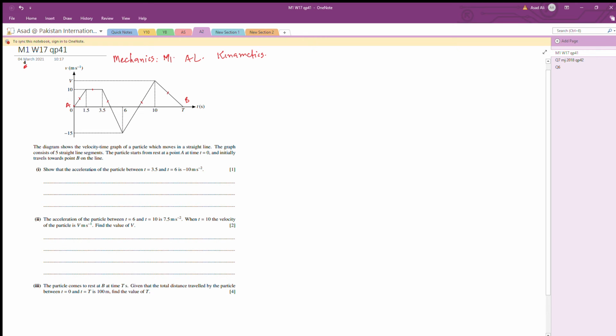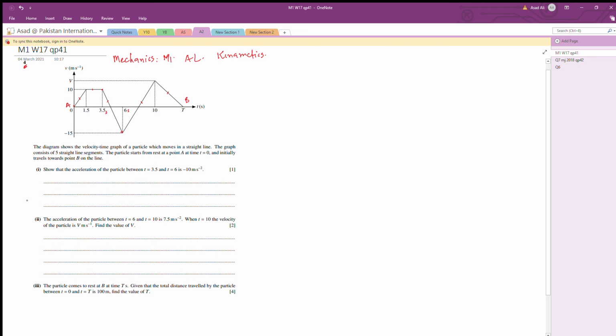Show that the acceleration of the particle between t equals 3.5 and t equals 6 seconds is minus 10 meter per second square. From 3.5 seconds till 6 seconds, show that acceleration is minus 10. How to do this?